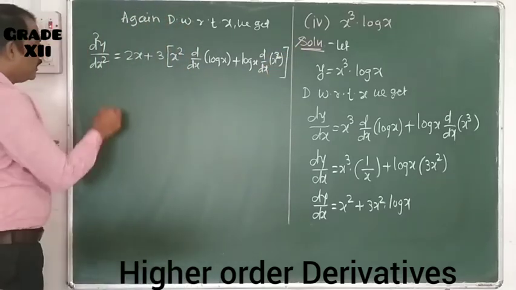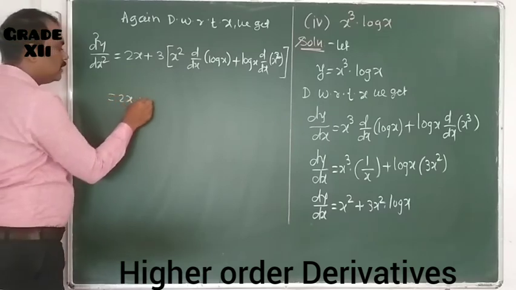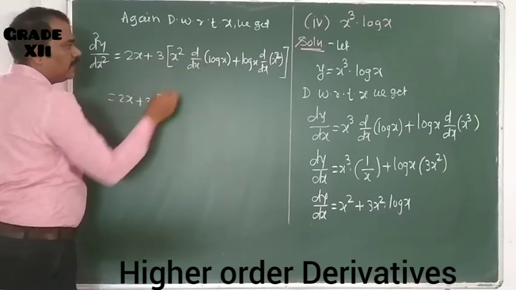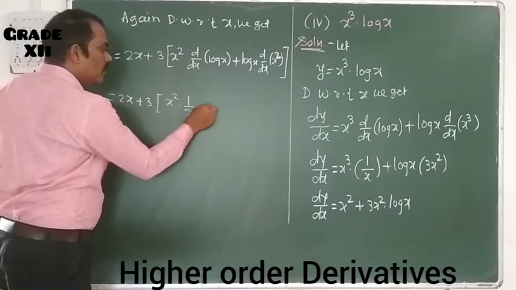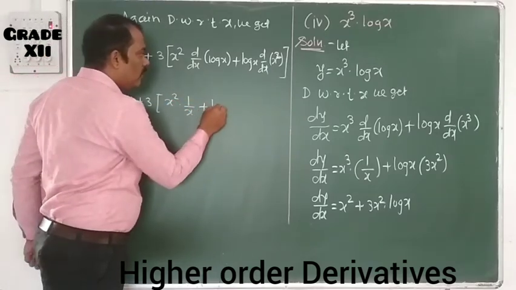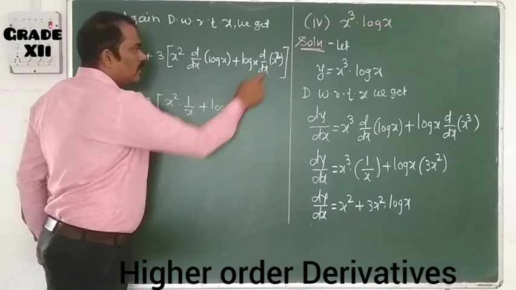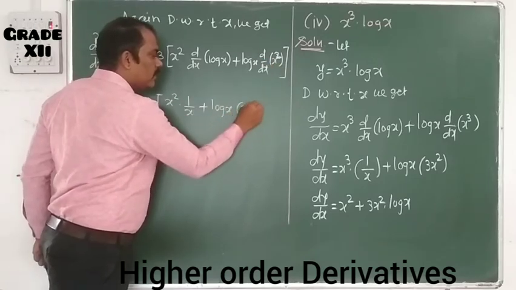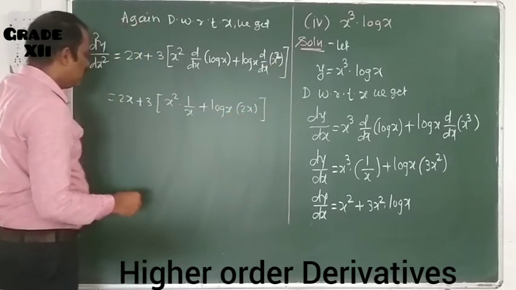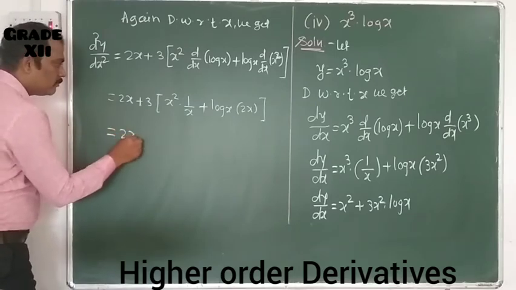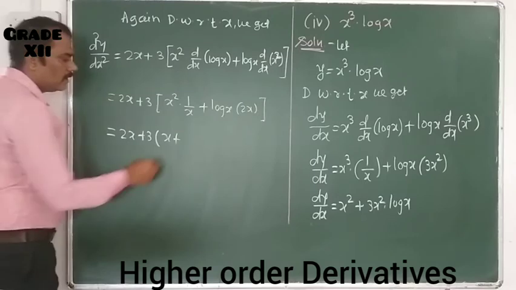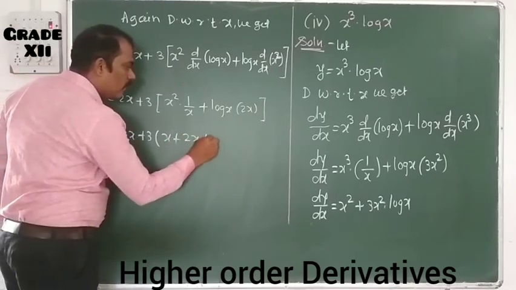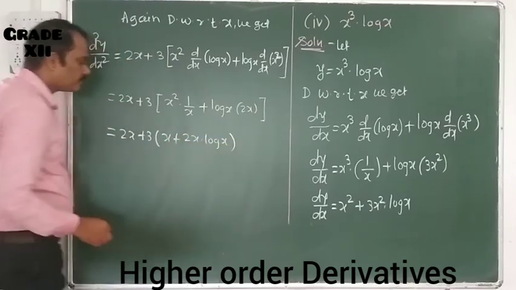So we get 2x plus 3 into bracket, what is the derivative of log x? 1 upon x, that is x square into 1 upon x, plus log of x into d/dx of x square, which is 2x. So we get 2x plus 3 into bracket x plus 2x into log of x.